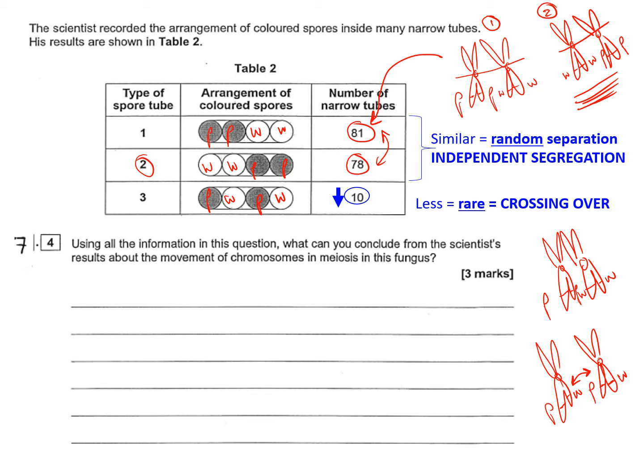So hopefully you guys can see that there's been crossing over between an equal length of non-sister chromatid. So where the pink allele was, there's now a white allele, and where the white allele was, there's now a pink allele. So this is actually quite rare. That's why we get a fewer number of tubes with that arrangement of pink, white, pink, white.